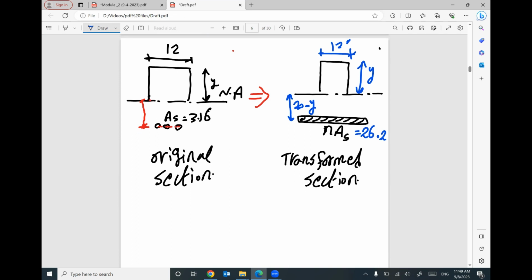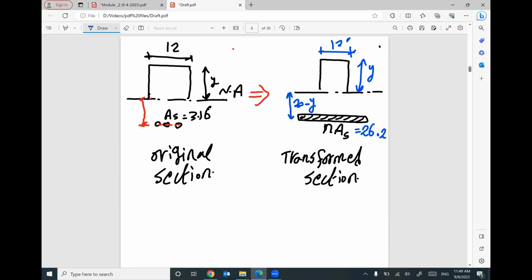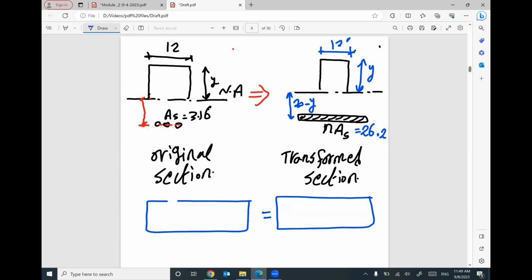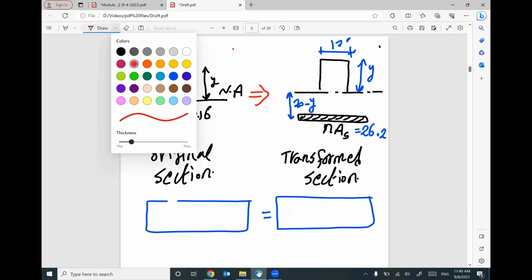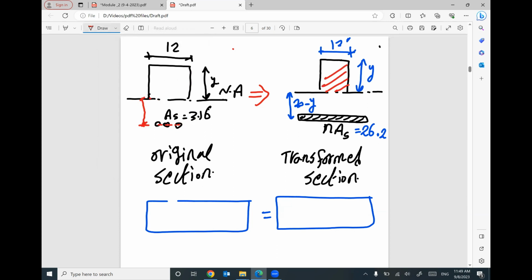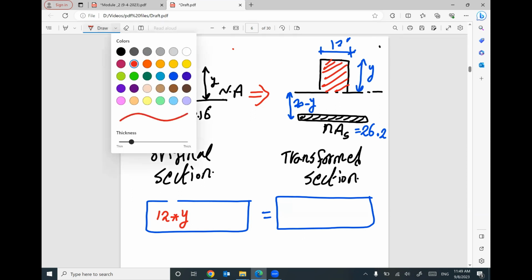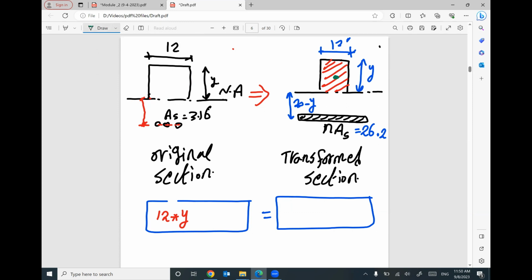We will work out how to figure out where the neutral axis is. It's very easy. It's an equation from two sides. The first side: what is the value of this area? 12 times y. This is the area. What is the distance between the centroid of this area and your assumed neutral axis?